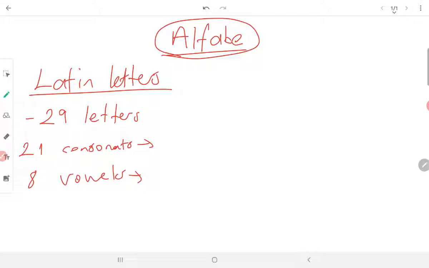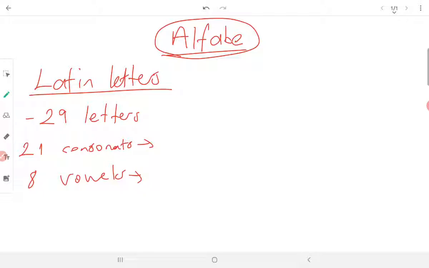So in this video, I will talk to you about the sounds of those letters, and I will give you some examples, but I'm not going to cover the whole alphabet. I'm not going to talk to you about all 29 letters. I will hopefully give you like 14 or 15 letters with the sounds and the examples, and then I will hopefully complete the video tomorrow with the rest of the letters.